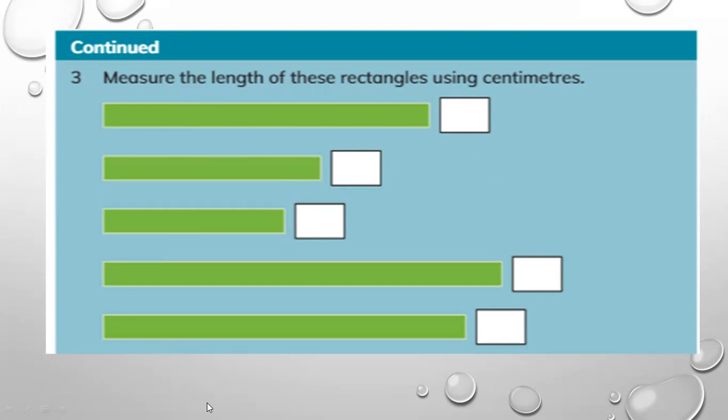For the first rectangle, putting the ruler from right to left, we got 9 cm.